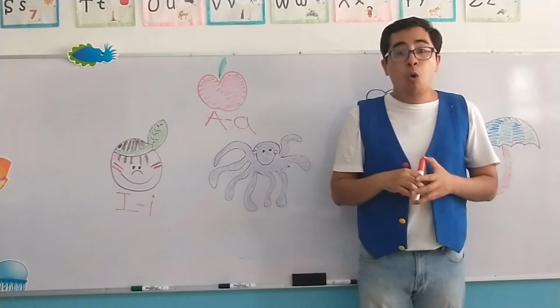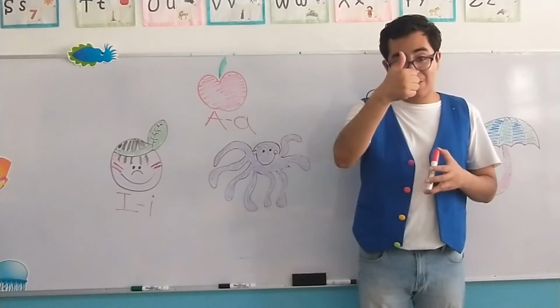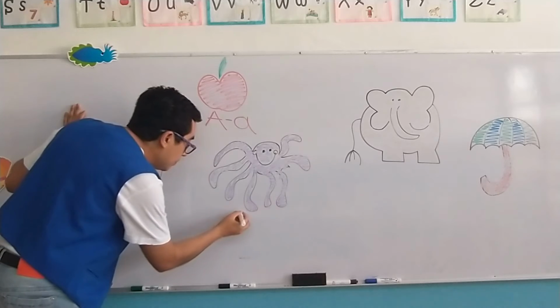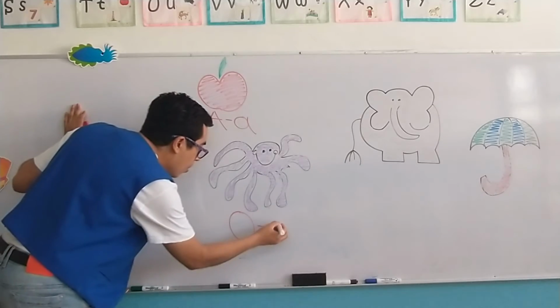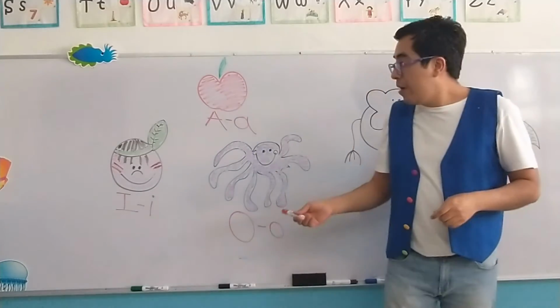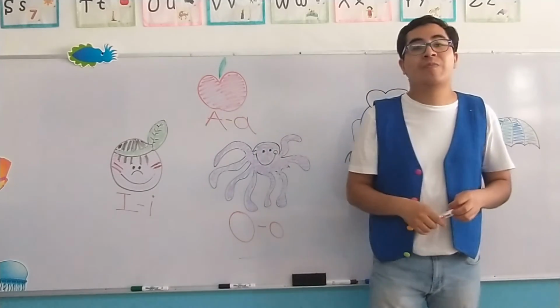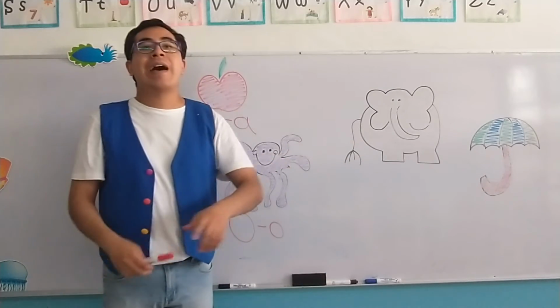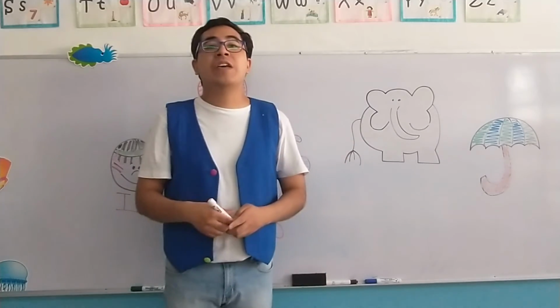The letter O, of course. Excellent, very good. So, capital O, small o. Now, it's an octopus.